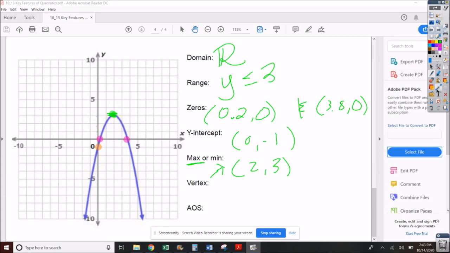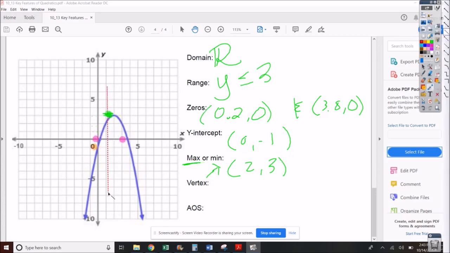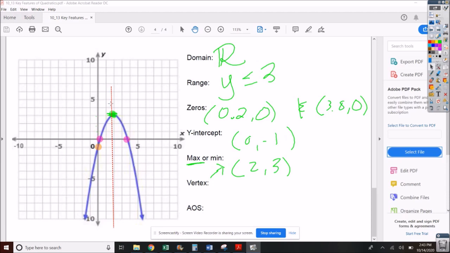And then my axis of symmetry is going to go straight down the middle of my graph, cutting my graph exactly in half. And that goes through the x value of 2, 1, 2, right here. So that's x equals 2.